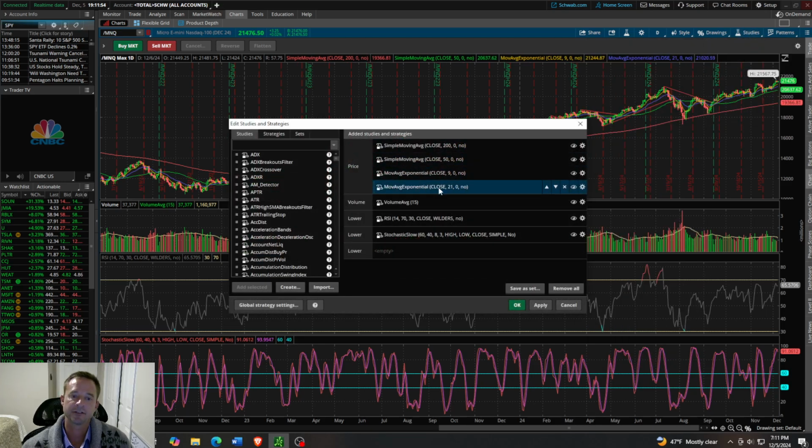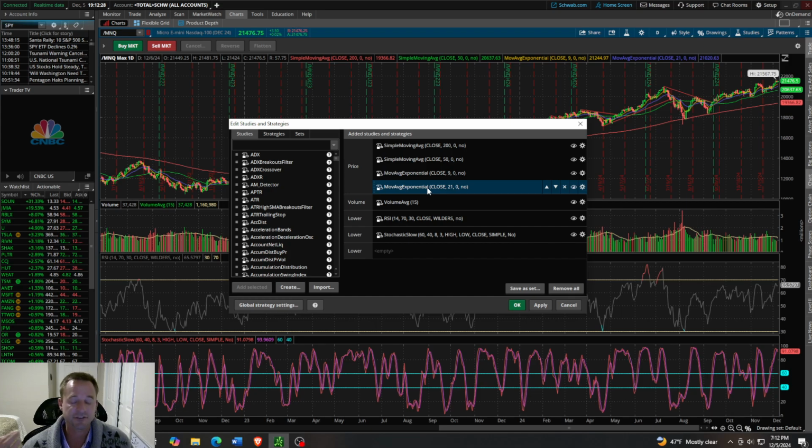Another good one is the 21-day exponential moving average, which is a quicker moving average. Exponential is going to change quicker than the simple moving average. I like to have shorter time frame moving averages as exponential. Also, I do know that institutional investors use the 21-day exponential moving average.